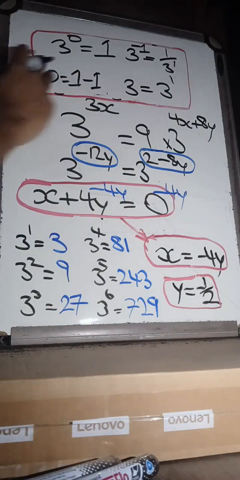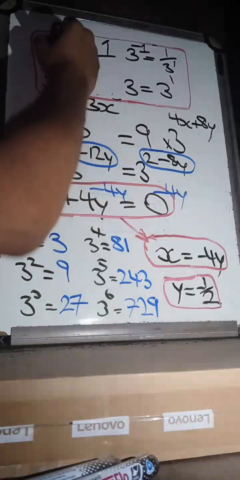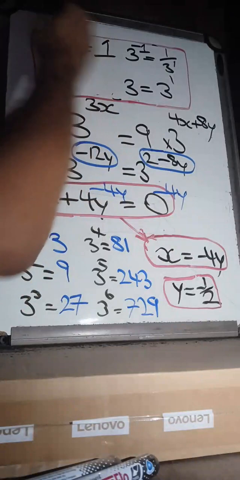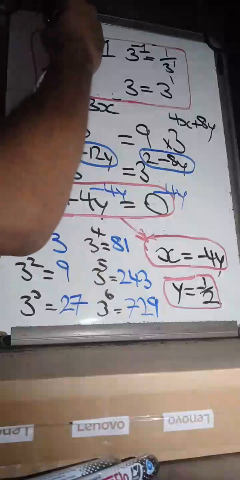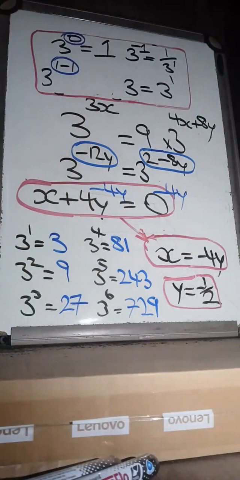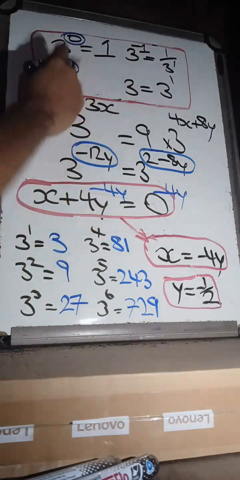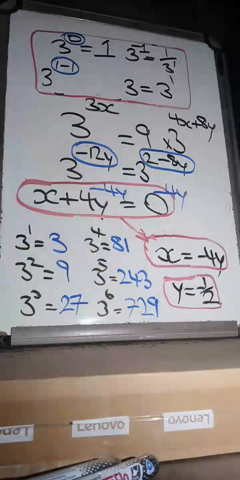It basically means that you can replace the 0 with 1 minus 1. But if you were to separate these exponents, it would end up looking like 3 to the 1 times 3 to the minus 1.